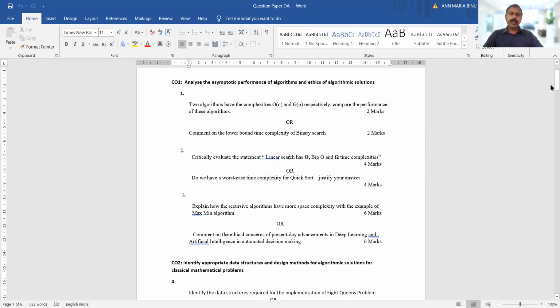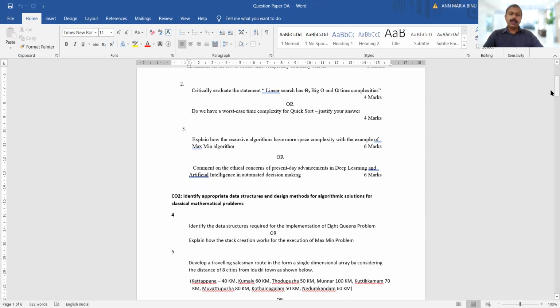So this way we are addressing the Bloom's taxonomies and course outcomes of this design and analysis of algorithms. And when we come to the higher order of Bloom's taxonomy: explain how recursive algorithms have more space complexity with the example of max-min.